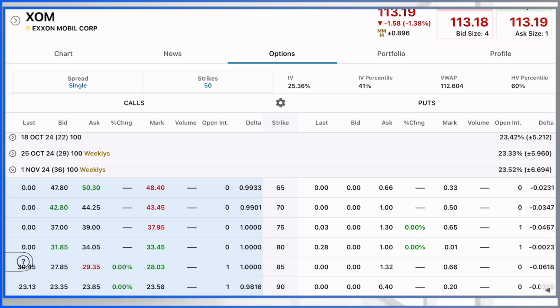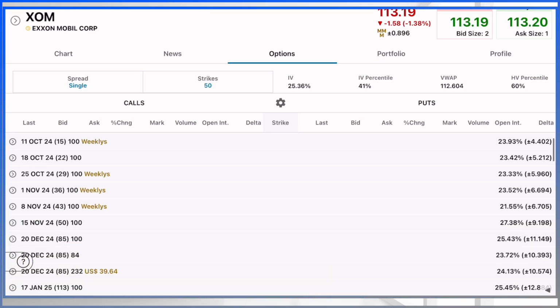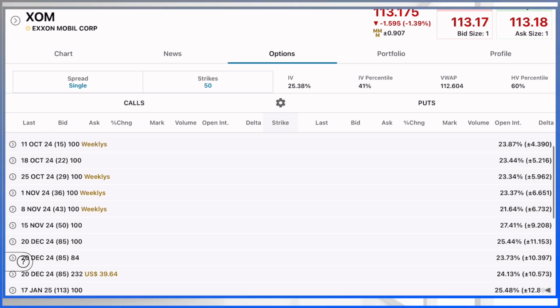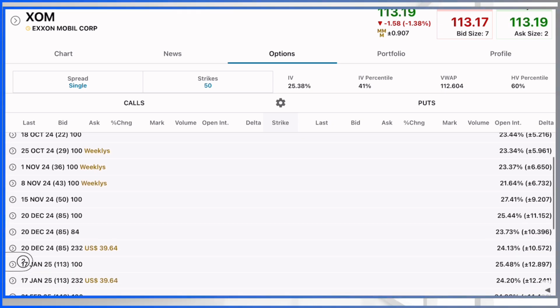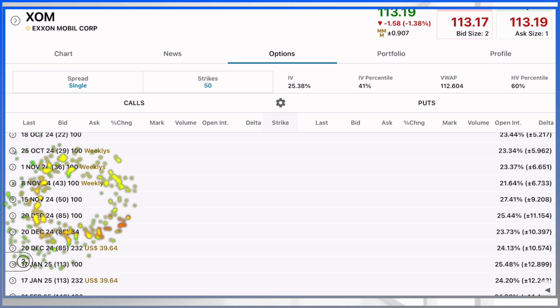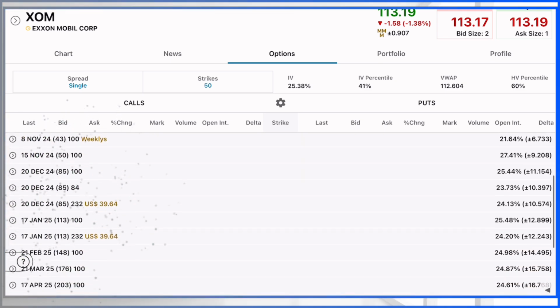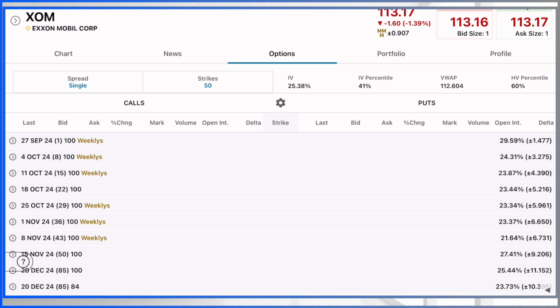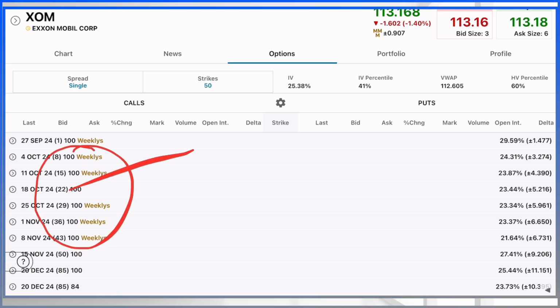And you can see here we have different expiration dates in this side. If you pay attention to this section right there, you'll see we have expiration dates. So if we click into one of those, in fact, if you look at the number of days, that's what I pay attention to, is the number of days.